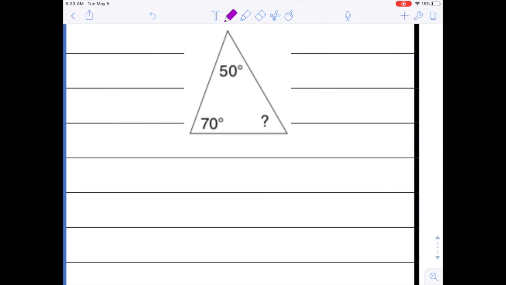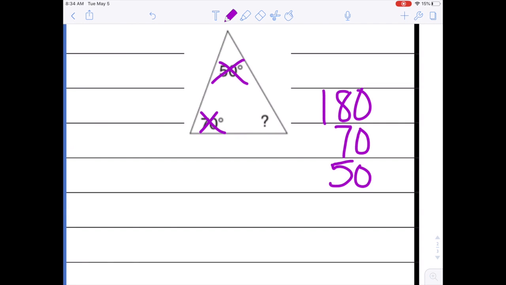For my next example, again, we start with 180 and we take away the angles we know to figure out what we have left. So we're going to subtract 180 minus 70 minus 50.